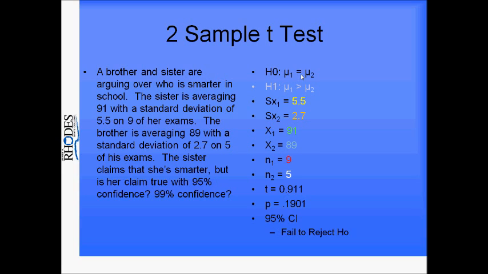So you'd fail to reject with 95% confidence, and you'd fail to reject with 99% confidence. Because the p-value is significantly larger than either of these. Excuse me, it's a one-tailed test, so 0.05 and 0.01.